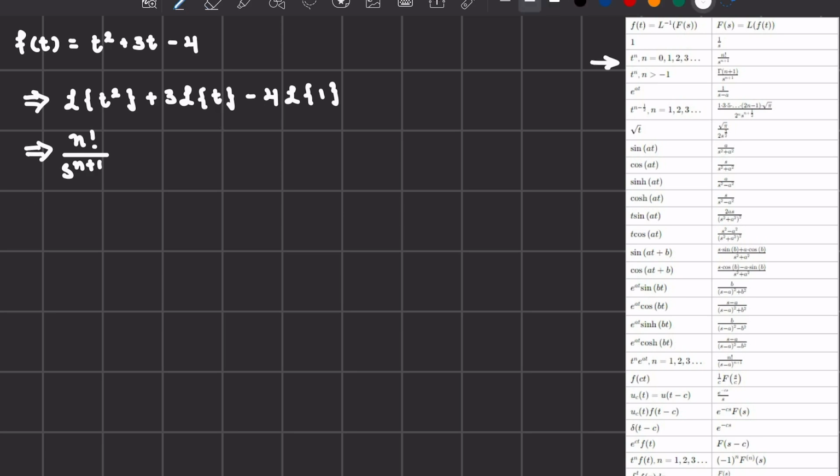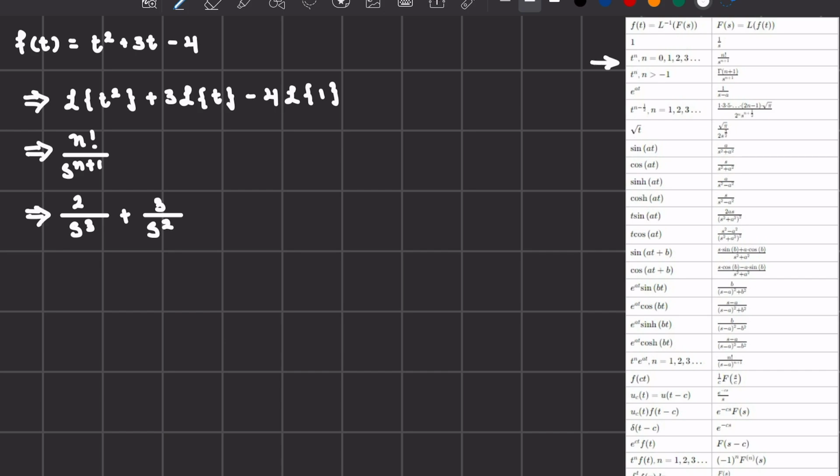For t squared we have 2 factorial over s to the 2 plus 1, which is 3, so we don't need to write that out, and 2 factorial is just 2. Plus 3 times Laplace of t. T to the 1 is just 1 factorial, and that's just 1. So 3 multiplied by 1 factorial is 3 over s to the 1 plus 1, which is 2.